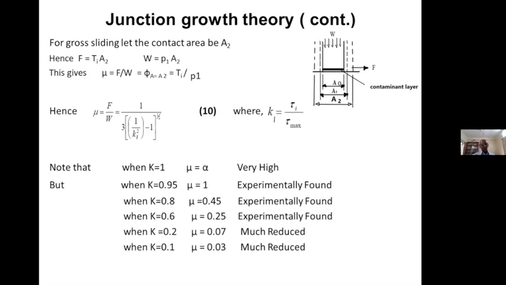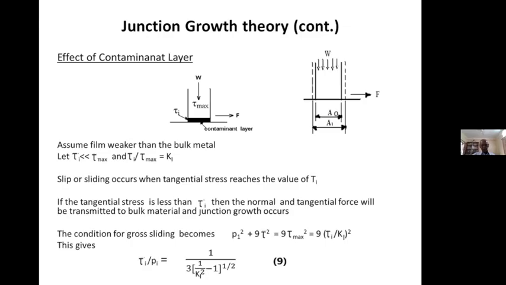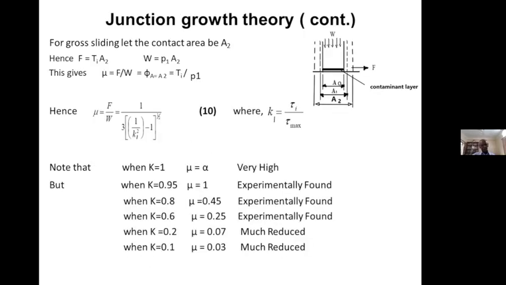Now, let's look at equation 9 and write it in terms of K1. You see, in equation 9, it was tau i by P1 in terms of K1. Now we are writing mu, or the coefficient of friction, as F by W, and F by W is tau i by P1.